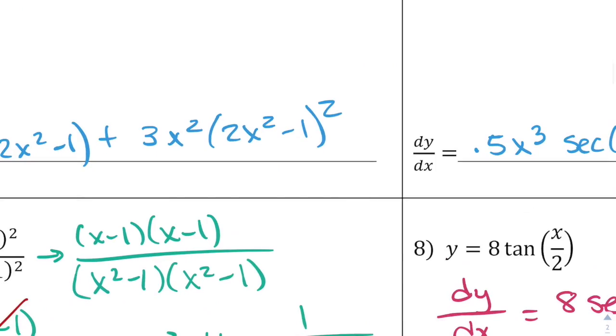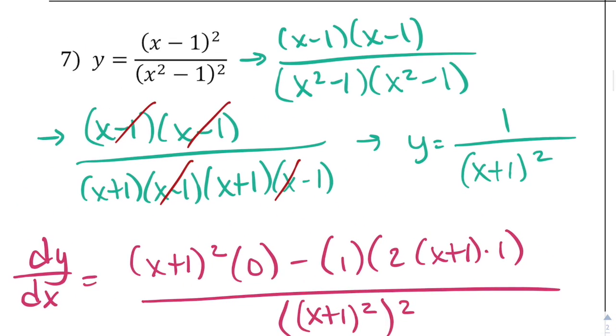All right, two more. Quotient rule, yes. Instead of going crazy with the quotient rule and using the chain rule, we don't necessarily have to go crazy with it. X minus 1 squared is the same as x minus 1 times x minus 1.